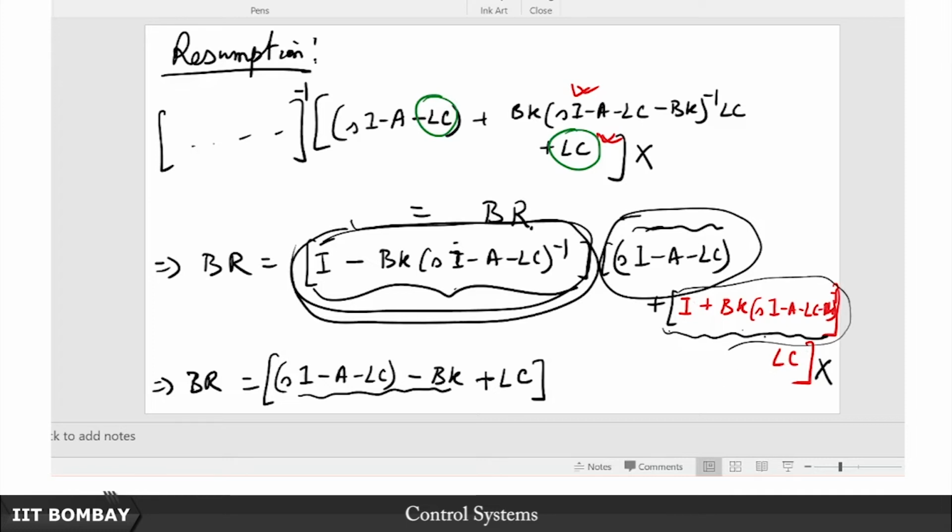So this and this pulverize each other because they are inverses of one another, as we have just proved. So all that you are left with is just this LC times X. But what is this? This is plus LC and minus LC. So you just cancel them out. And then what we are left with is Si minus A minus Bk times X.